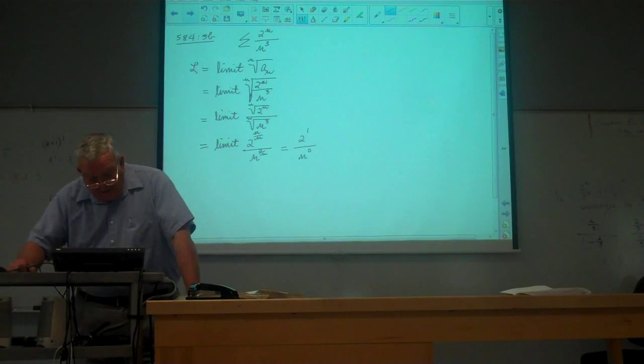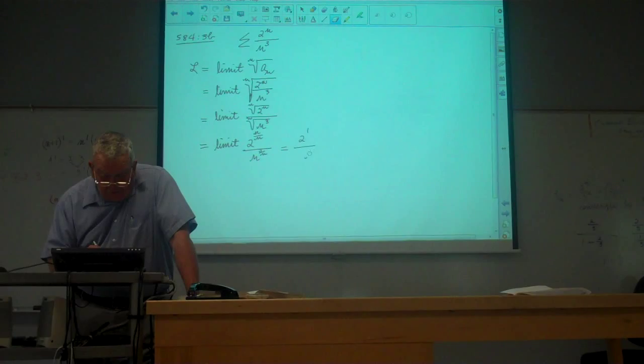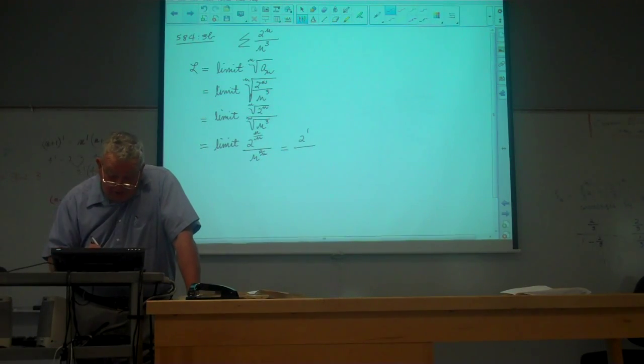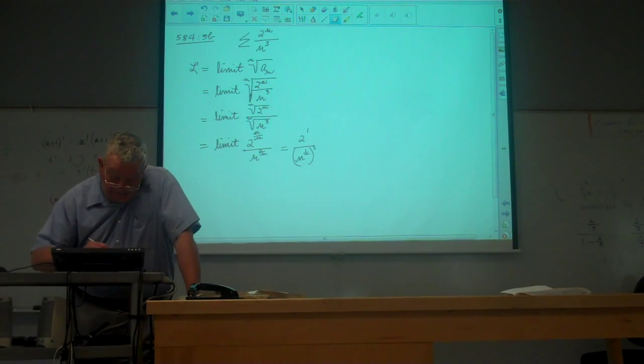No, I can't do that. Because it's a ratio, I have to notice that this is n to the 1 over n to the third power, which would be 1 to the third power. But do y'all agree with that? Everybody? It's still the limit of the... I now need to put a limit in front of it.